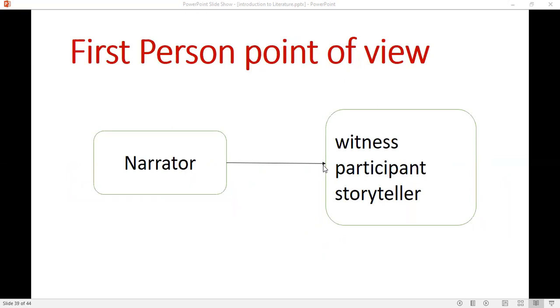In first person point of view, the narrator takes a role of a witness or participant or storyteller. Narrator has been one of the persons in the story.